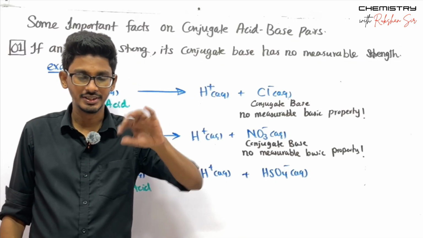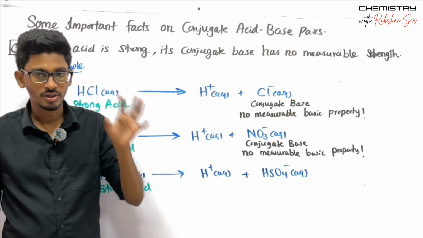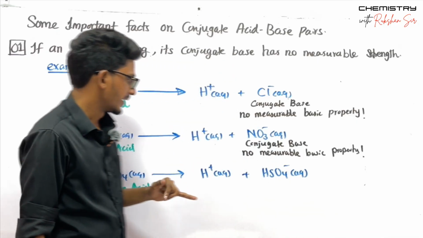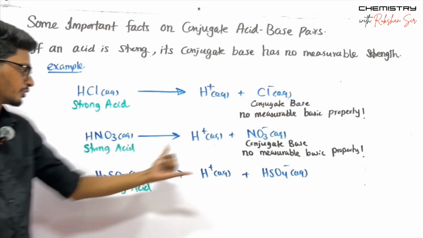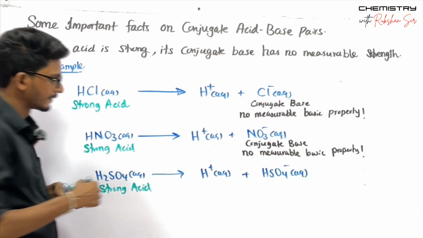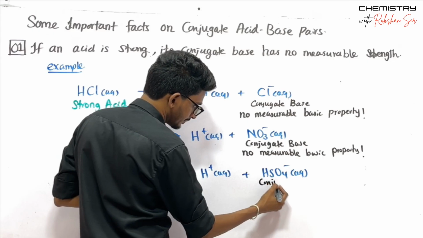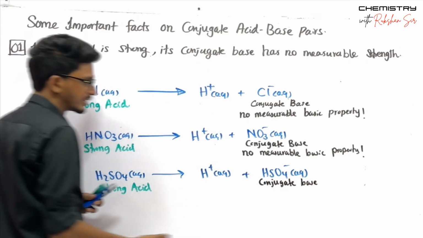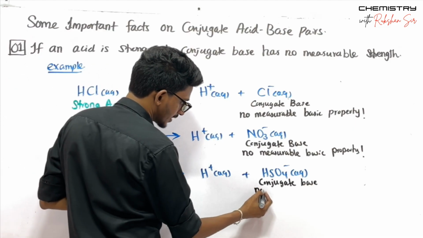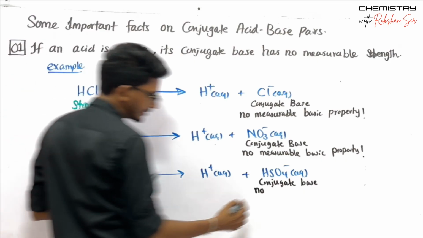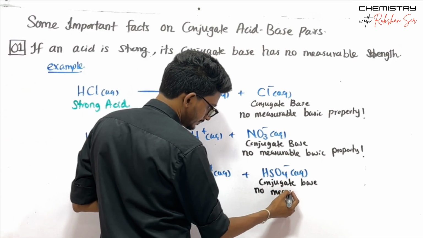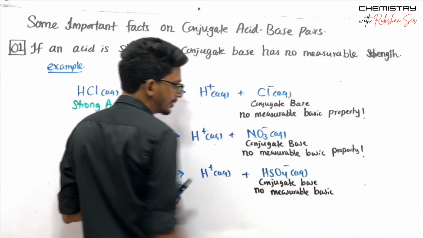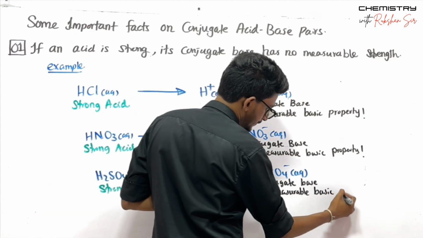To get the conjugate species, you can have only a difference of one H plus. So HSO4 minus is the conjugate base. We know it has no measurable basic property. That is why the single arrow appears.